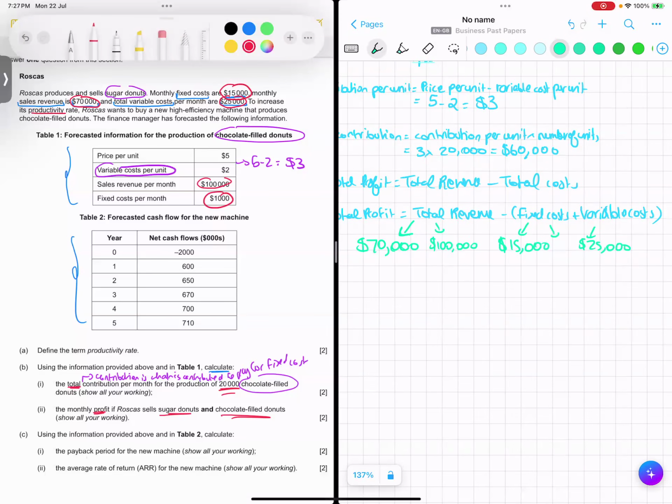Okay, so I forgot the dollar sign. We have variable cost per unit, right? And we know that we're selling 20,000 units, right? So what we really end up getting in this case is 2 times 20,000, sorry.